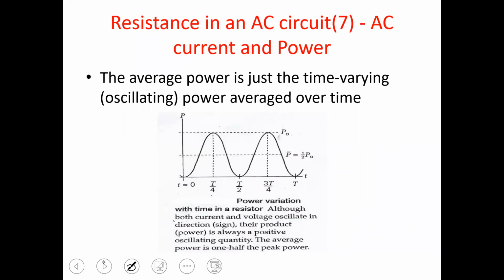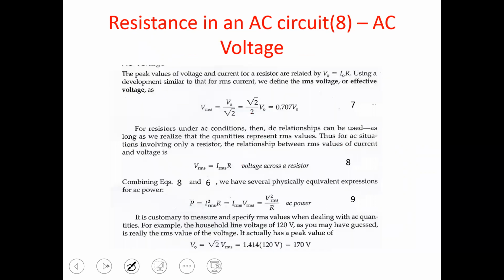If this is plotting power with time, the average power is the peak power divided by 2. I think you can just read through these ones, they are straightforward. I've spoken about this as well. V RMS is the same as V naught over root 2, just like we did to current.